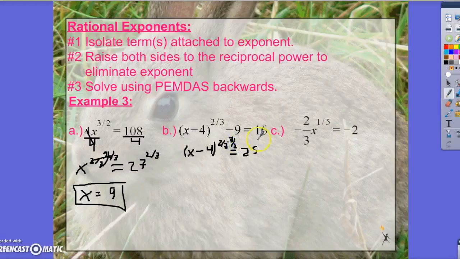So the exponents cancel out. So 3/2. We now get x minus 4. Now when you take the power here, here's what's going to happen.